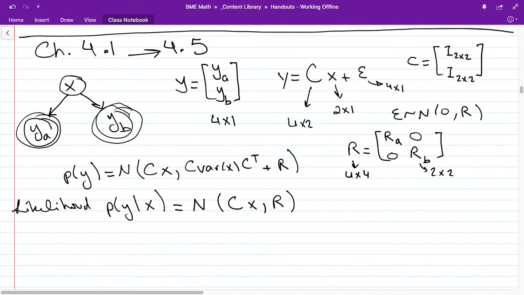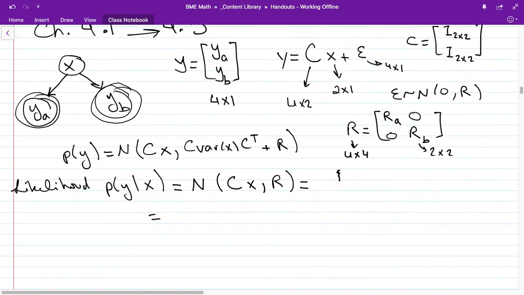What I want to do is find the parameters that maximize my likelihood. So let's write this down. Probability y given x is a normal distribution with mean Cx and variance R. So let me just write it down below here.